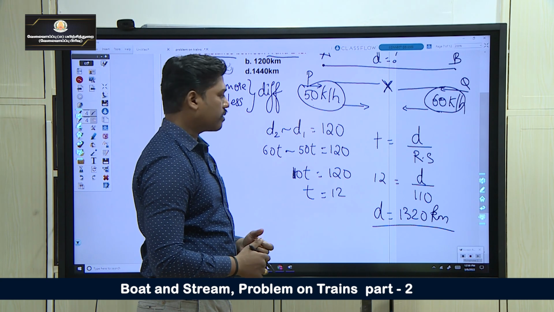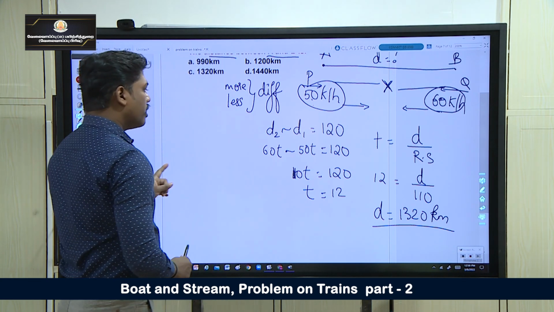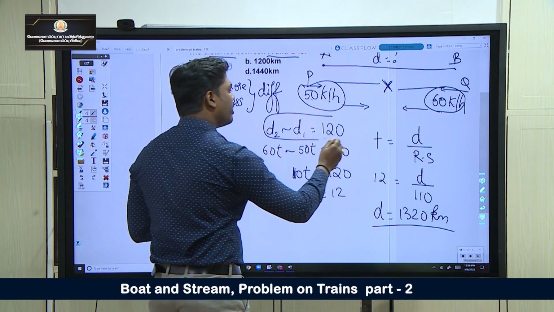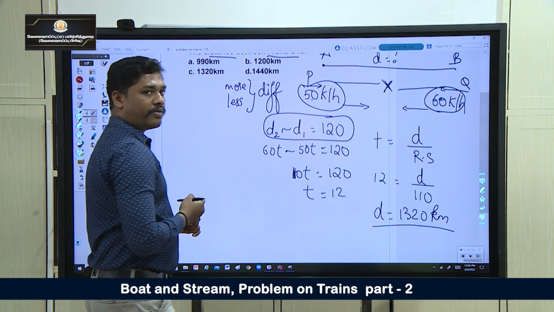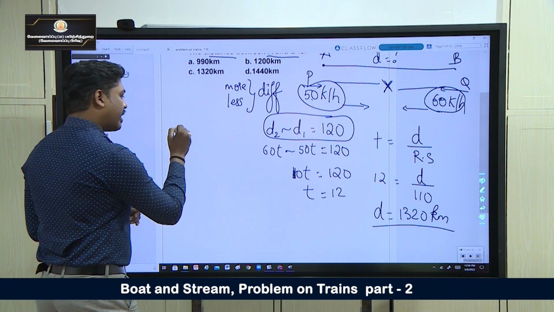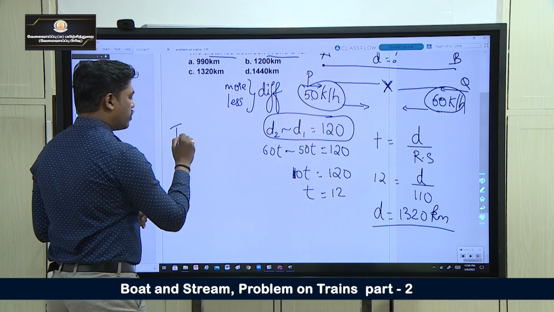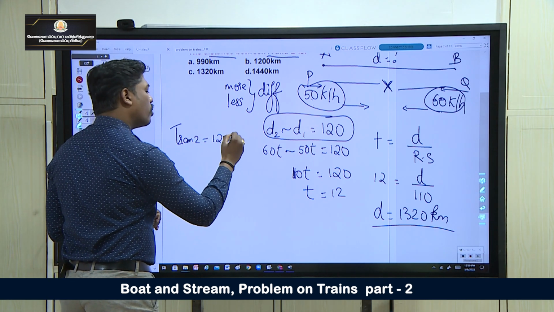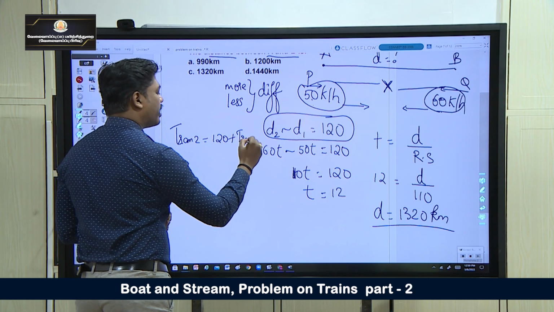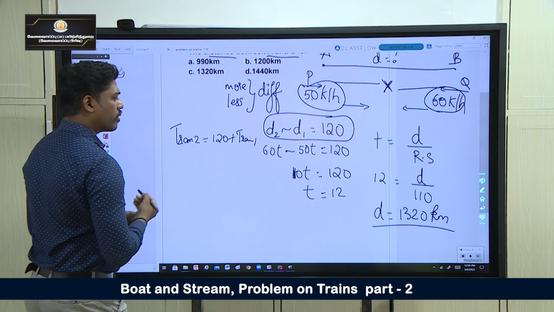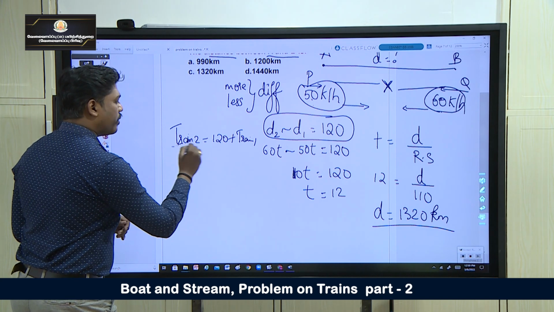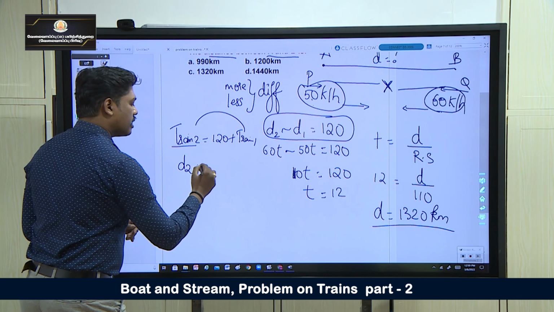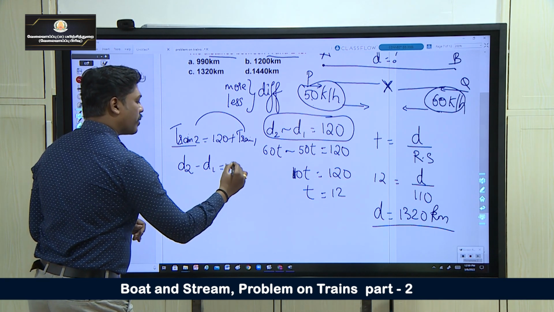So the first point they have given here is that the second train has covered 120 kilometers more than the first train. So train 2 distance minus train 1 distance, D2 minus D1, is equal to 120.